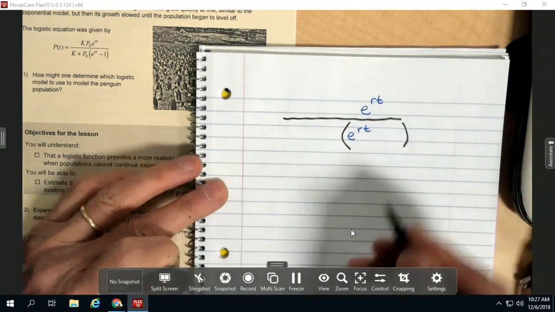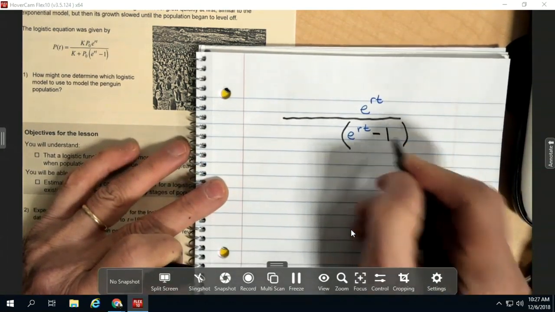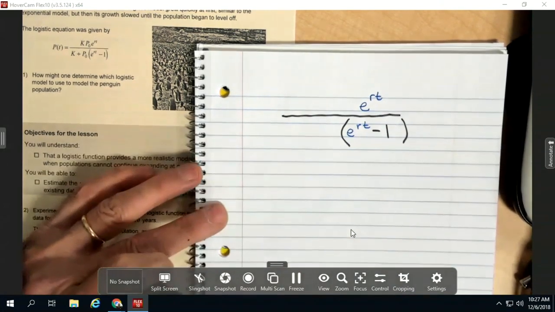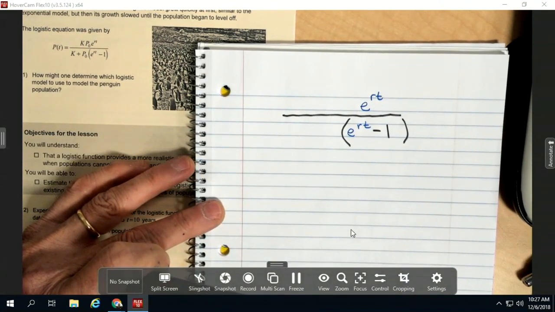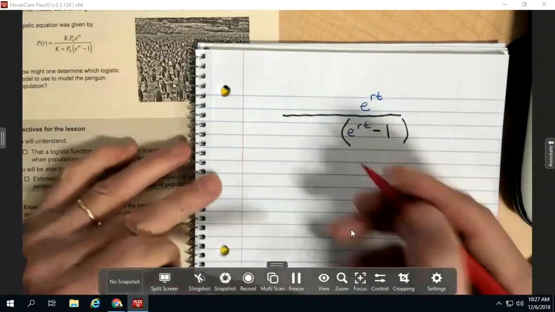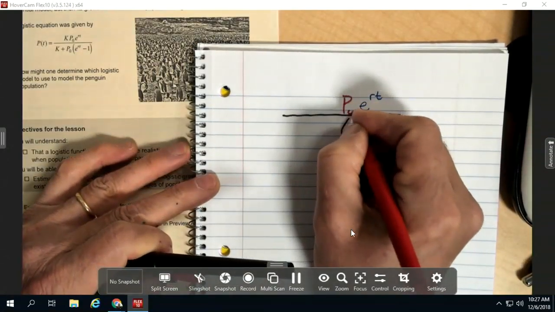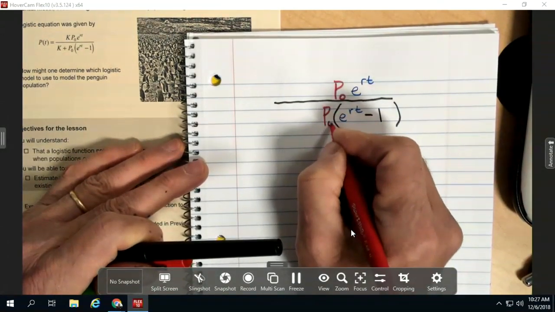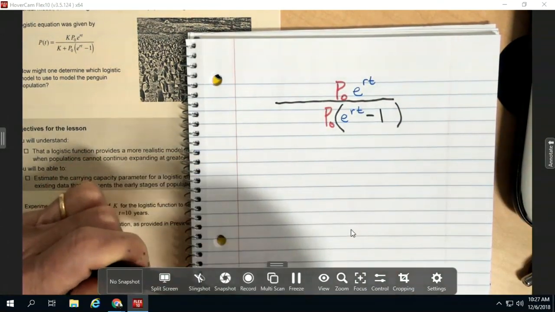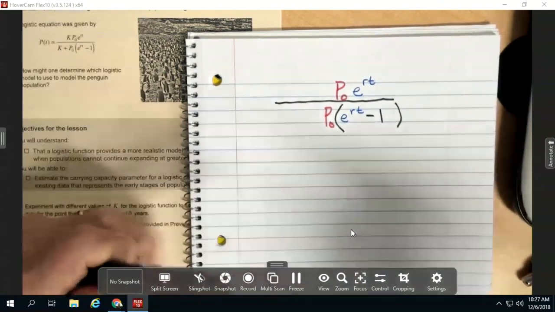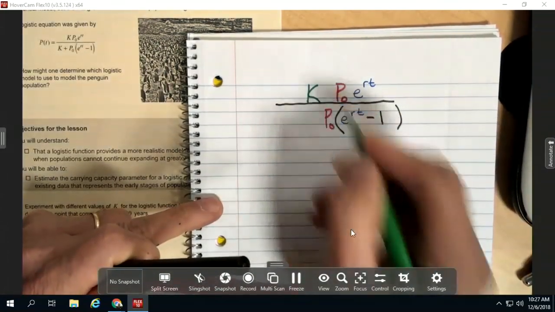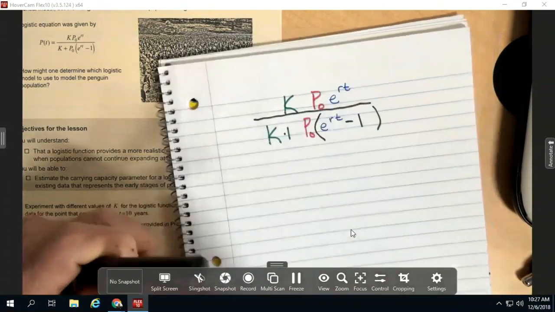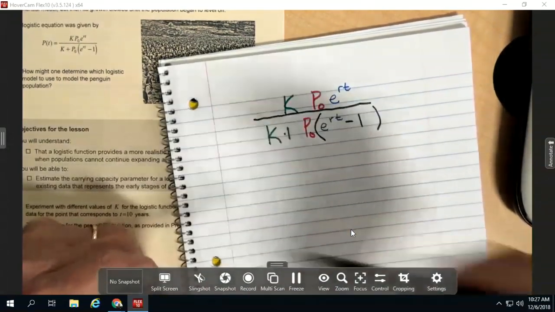In the denominator, you're subtracting 1 from it. In both cases, you're multiplying it by P sub 0, or in other words, the beginning population. In the numerator, you're multiplying it by k. In the denominator, you're adding k.